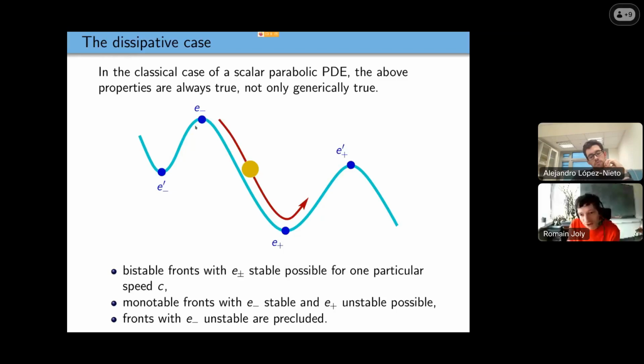If I brake too much, I will not get there. If I do not brake enough, the speed C is not strong enough, and you will just roll and go the other way. So this is exactly the insight telling you that a bistable front in the scalar parabolic equation happens just for one speed C, or at least for very special speeds C.